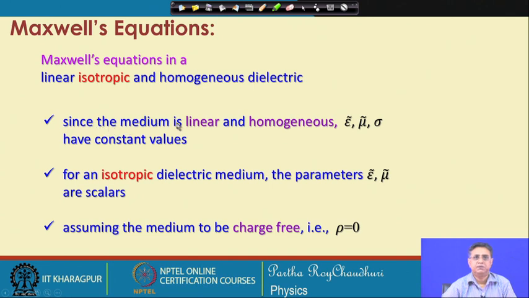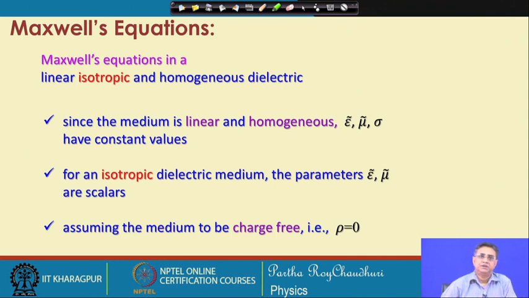Since this medium is linear and homogeneous, the permittivity, permeability and the conductivity all assume constant values. They are no more tensors if the medium is very simple, and because it is an isotropic dielectric medium, these quantities are also scalars.